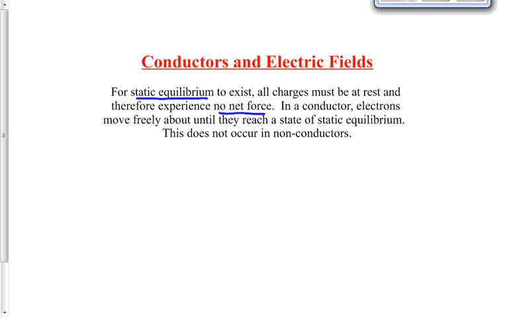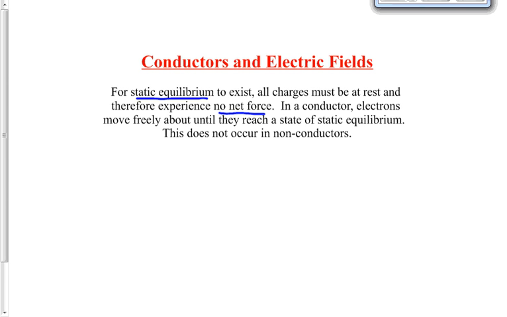The first thing that we have to recognize with all of these shapes, whatever they are, is that these extra electrons will move around until they reach this point of static equilibrium. If the forces are unbalanced, then that's going to cause the charges to move. If I push on Dallin with a force of 20 newtons one way, and Brett pushes on him with a force of 50 newtons the other way, he's going to move.